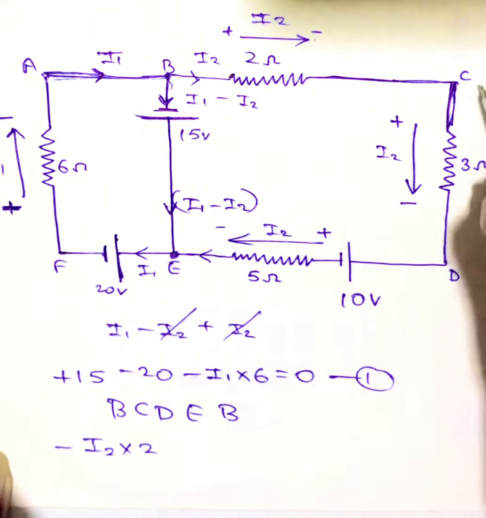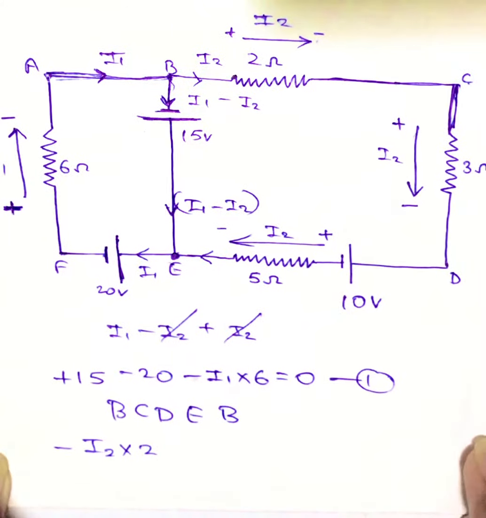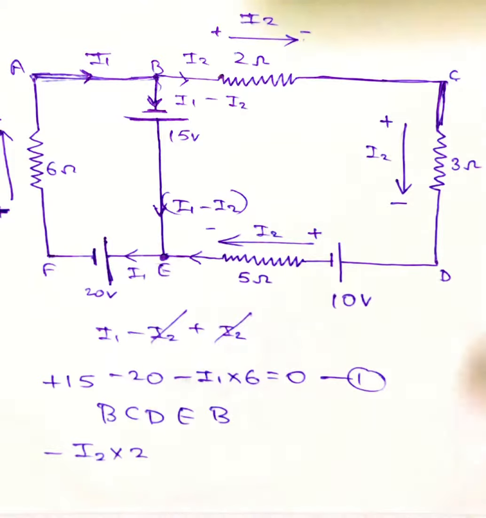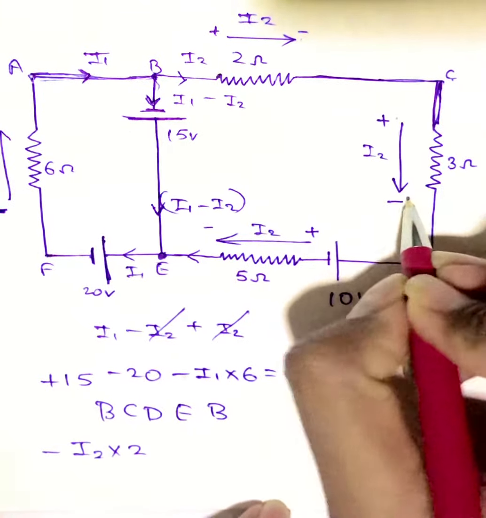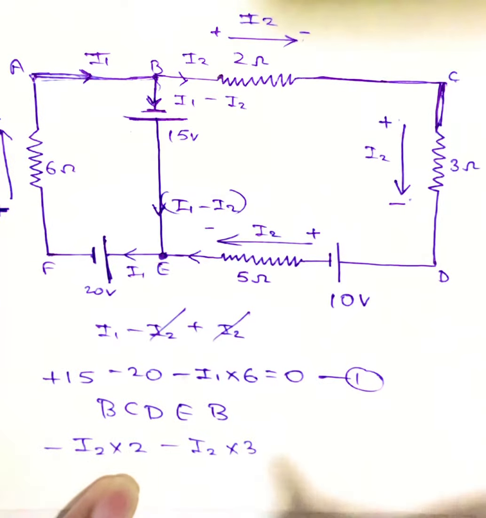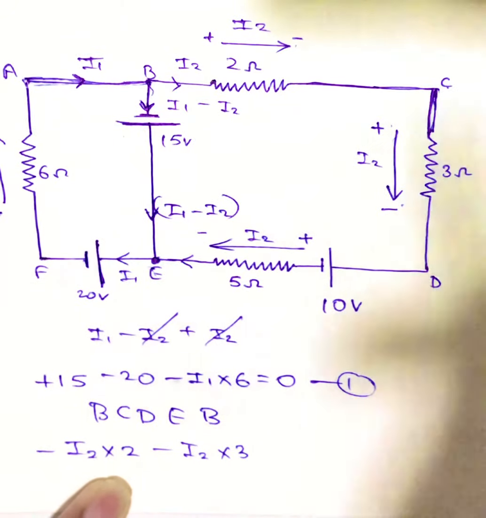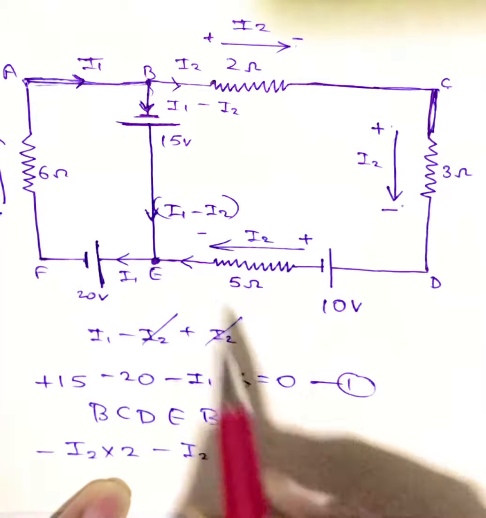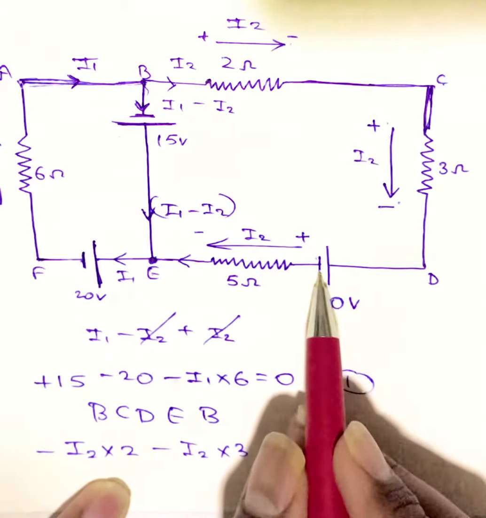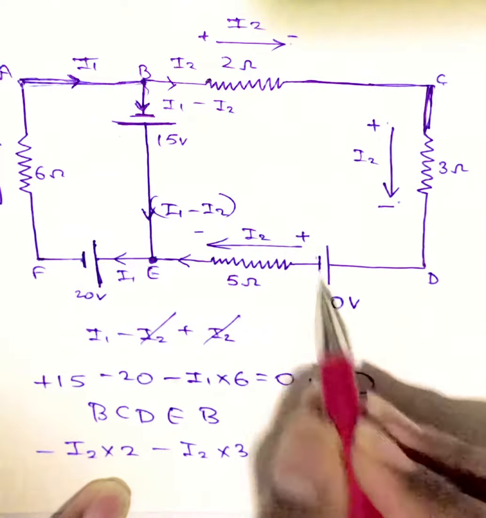Now when we move from C to D, is there a potential drop? Yes, and since we are moving from positive to negative, we consider it to be minus I2 into 3. When we move from D to E, there is a potential difference created, which is equal to minus 10.